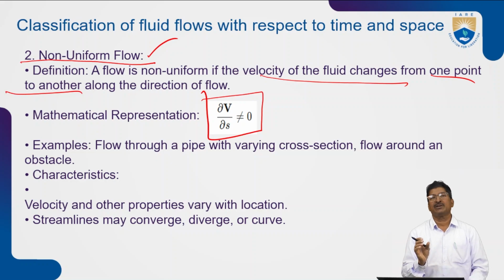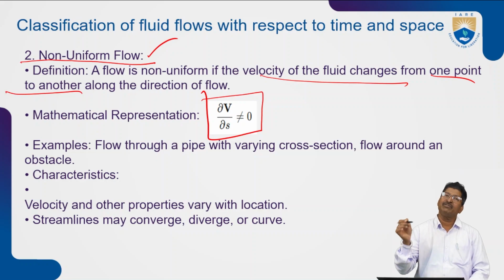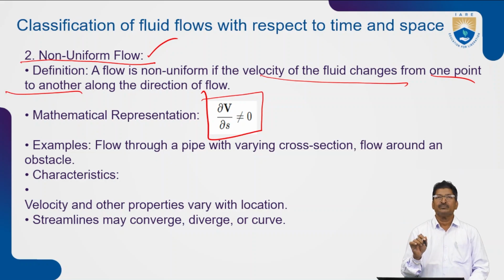Non-uniform flow means we are measuring the velocity at different points, but at the same time. Unsteady flow means we are measuring the velocity at a given location, at different times, say now, tomorrow, like that. So there is a time gap, but no change in the velocity.